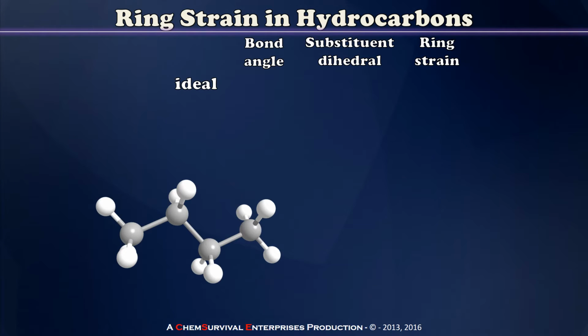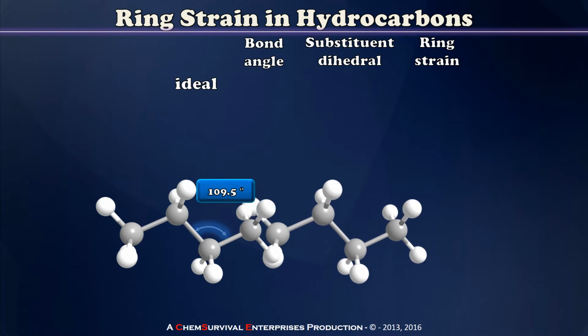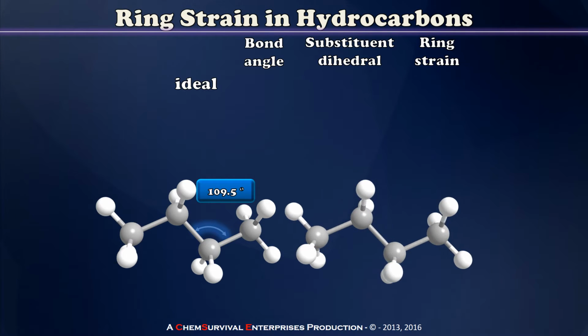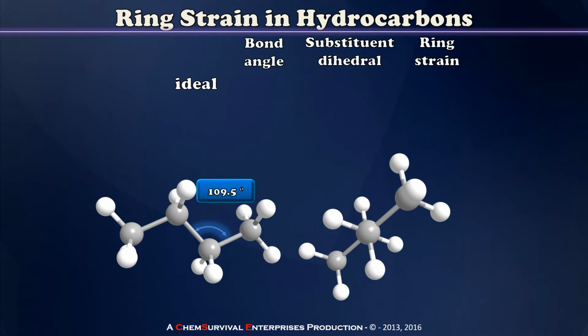Let's begin by thinking about a simple linear alkane like butane, and let's just concentrate on the CH2 groups in the middle. We know that the angle among any carbons within that group should be about 109.5 degrees. And we also know that if we were to take a copy of this molecule and look down along the carbon-carbon bond in the middle, we should see substituent dihedrals of 60 degrees, which corresponds to a completely staggered conformation.